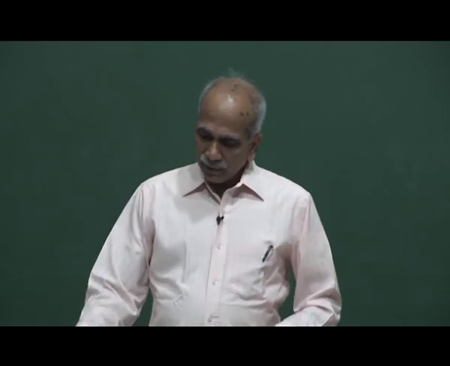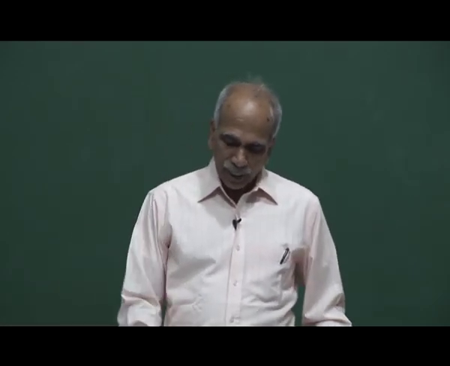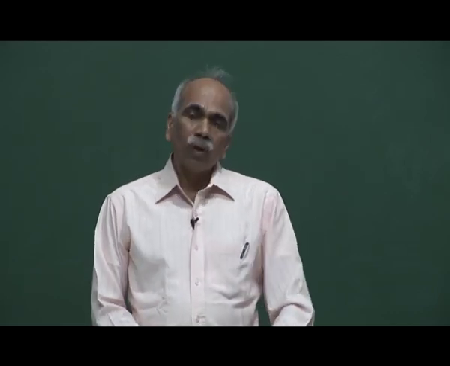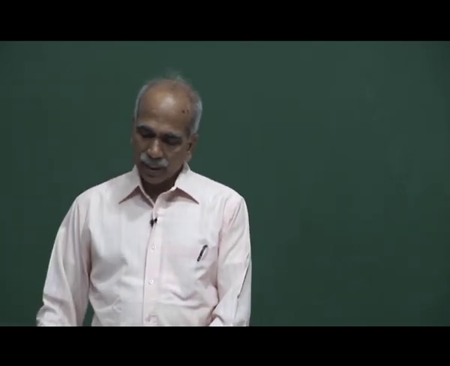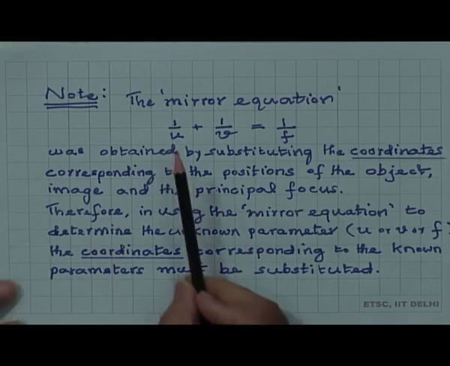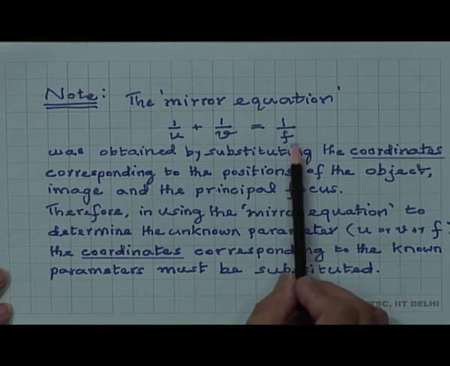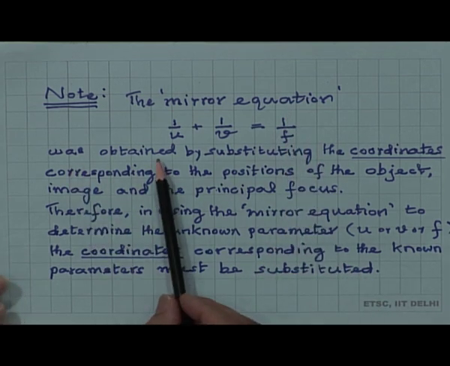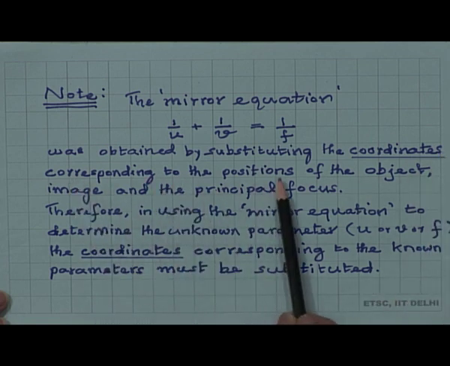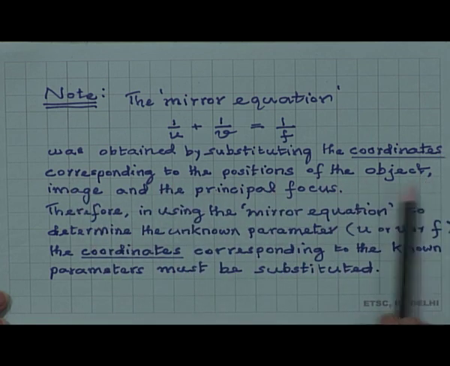Now, before we close, I would like to keep one important note, that when we solve all the problems, we must keep in mind the following. Note, the mirror equation 1 by u plus 1 by v is equal to 1 by f was obtained by substituting the coordinates corresponding to the positions of the object, image and the principal focus.